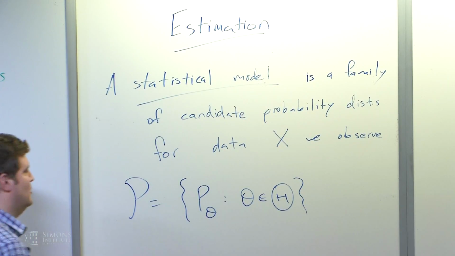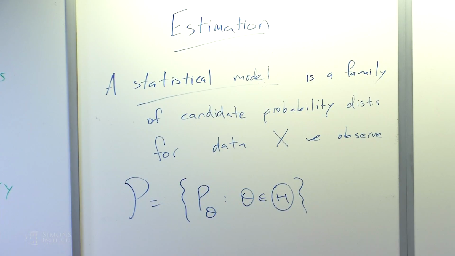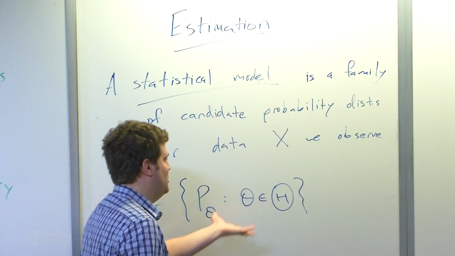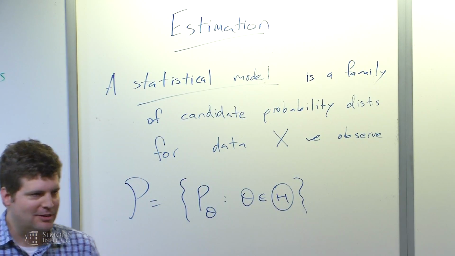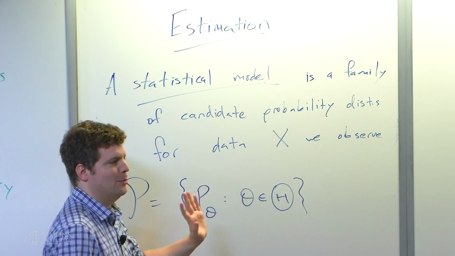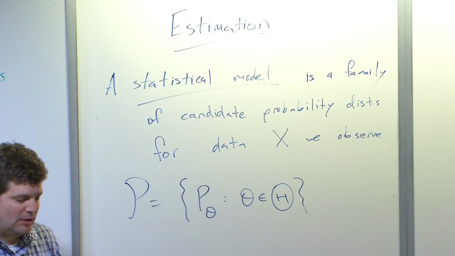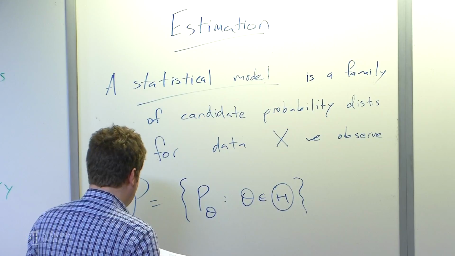So this notation is, of course, suggestive that theta is a real number or a real vector. In fact, we could use the same notation if capital theta were some huge infinite dimensional space. So this doesn't just cover what we would usually call parametric inference, but we're going to certainly focus on those examples.